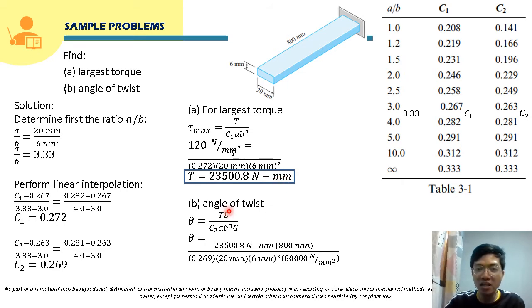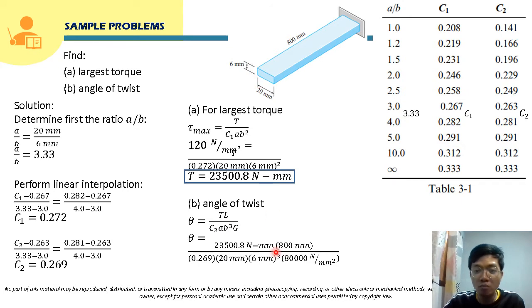The length should be in millimeter since we use millimeter here, so we should be consistent. The length is 800 millimeter over the coefficient 0.269. Then A, the longer side, is 20 millimeter, and the shorter side B is 6 millimeter.